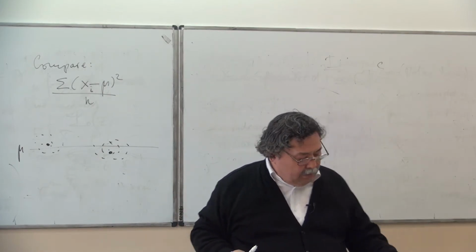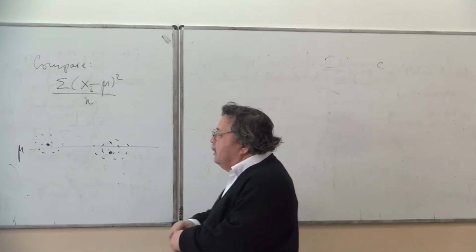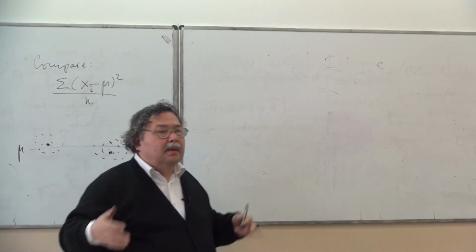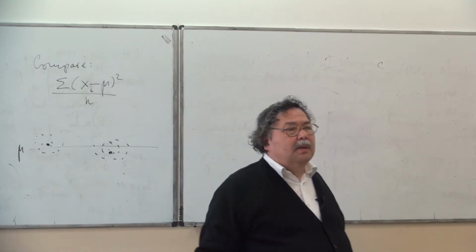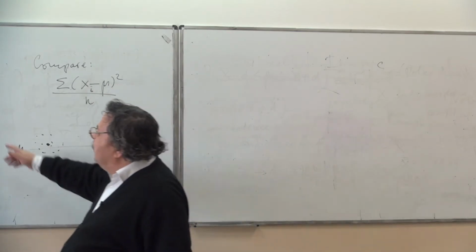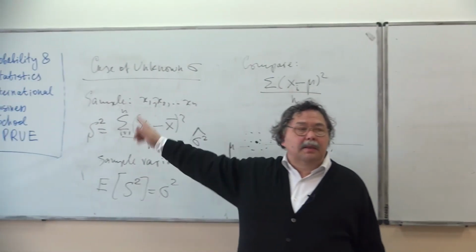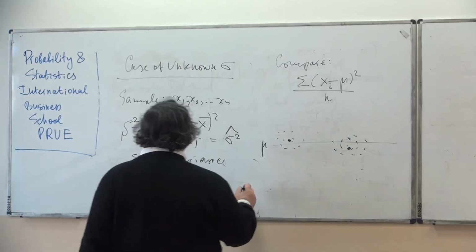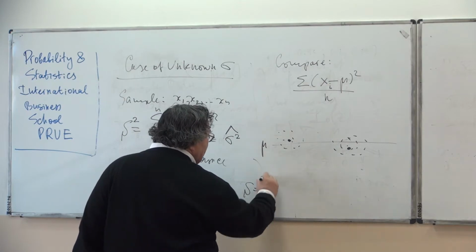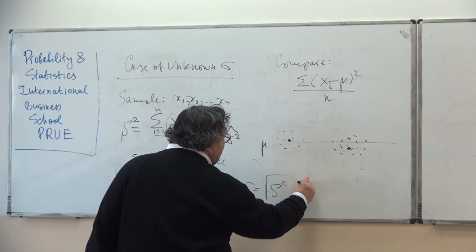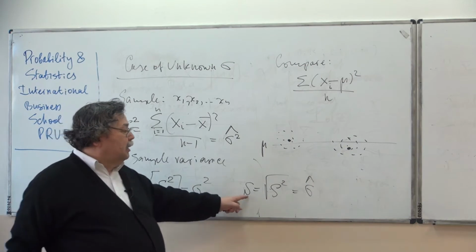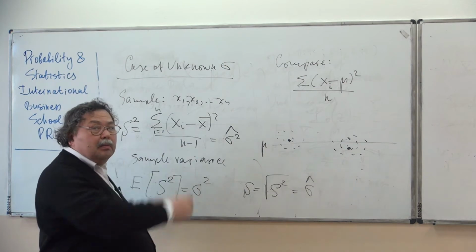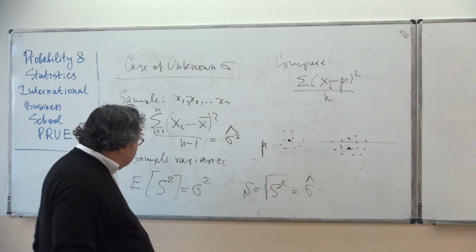So the main idea is this: if we don't have a prior estimate of sigma, and we don't have any information on sigma, we can estimate it on the same data points. And this is the estimate for sigma squared, and this is an estimate for sigma. So S, which is the square root of this complex, is used as an estimate for sigma.